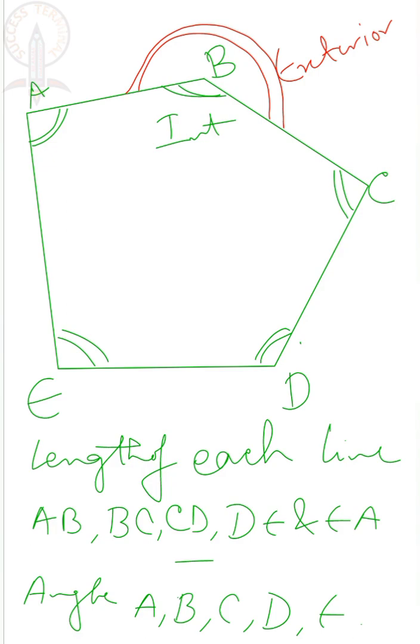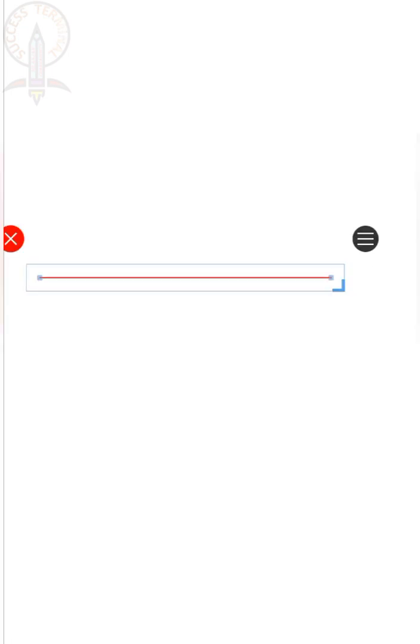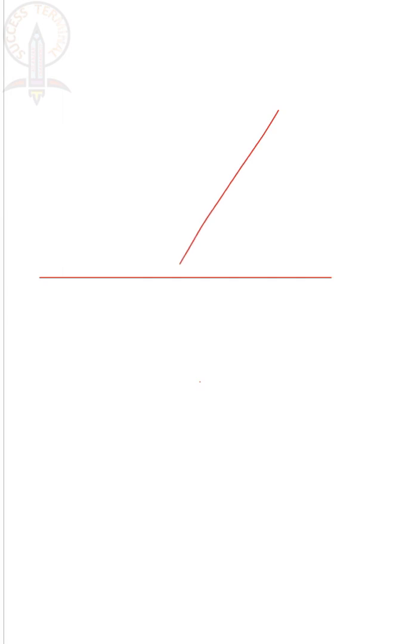Clear? But in geometry there is a small difference. What happened in case of geometry? In case of geometry, suppose this is a straight line, and this is an angle. Say this is a triangle. Let's take this triangle. So this will be the interior angle, and this will be the exterior angle.